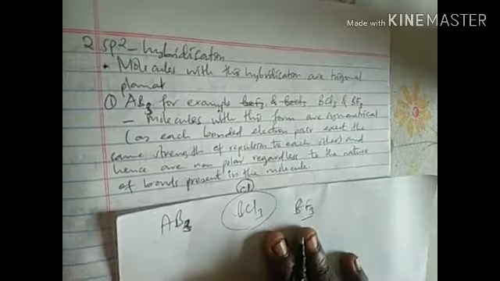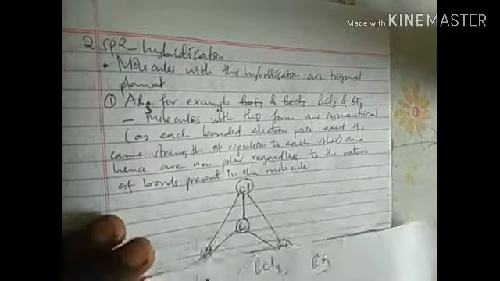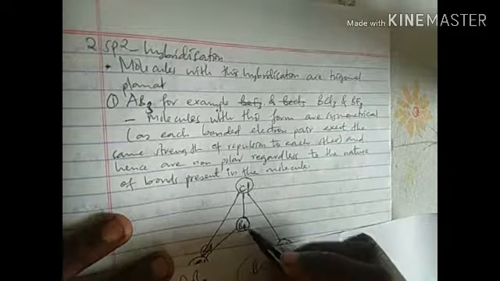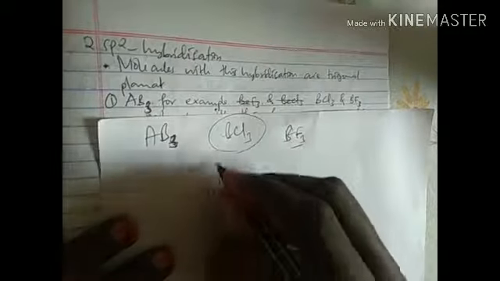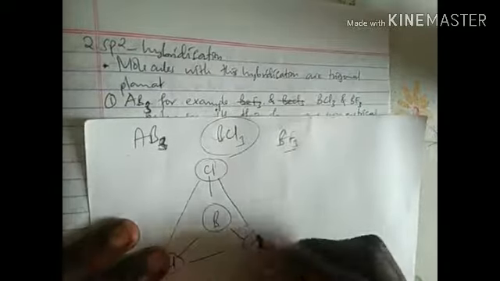Sp2 hybridized orbitals are trigonal planar. So the molecule will appear as boron, and then chlorine, chlorine, chlorine.